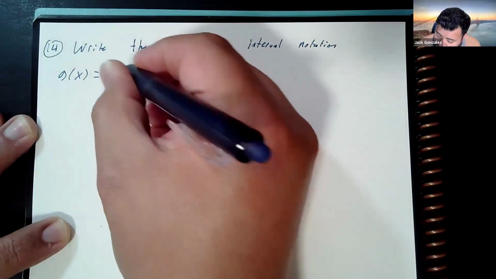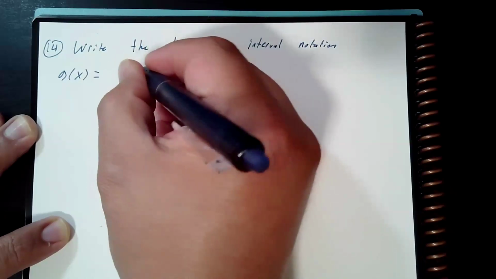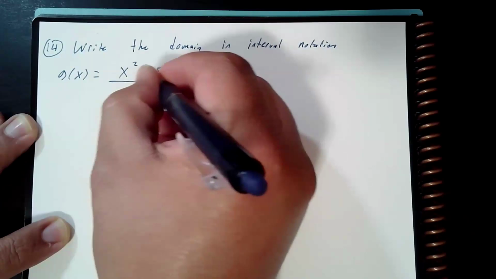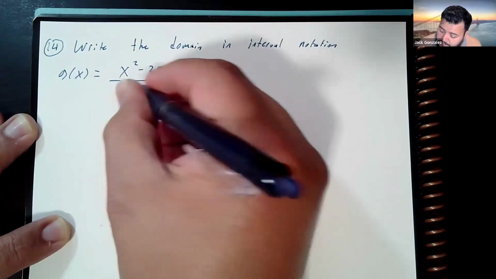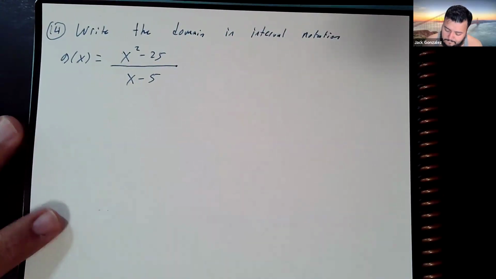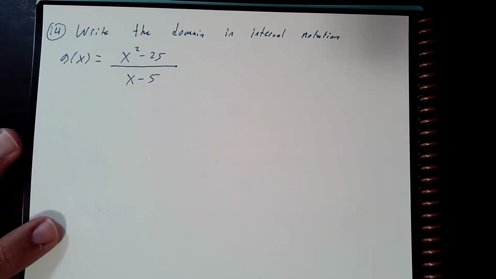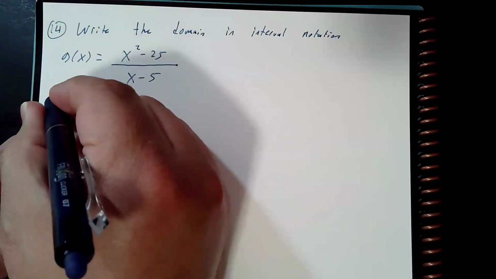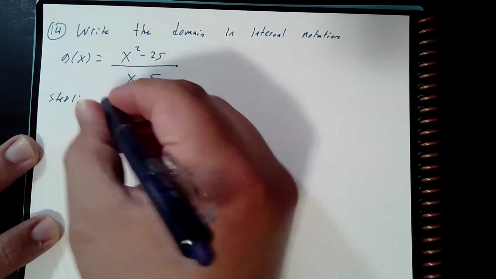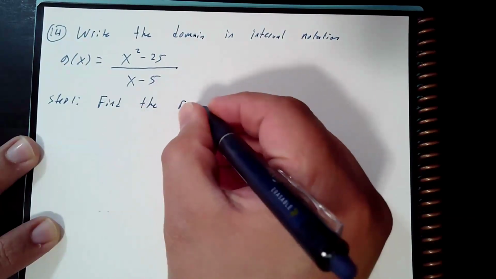So remember we did this last week. Basically, use the restricted value to find the domain. So what is the restricted value? x minus 5.